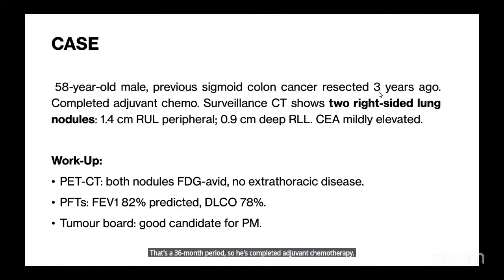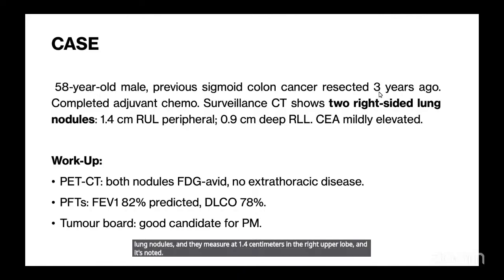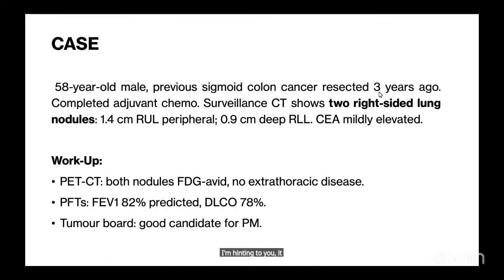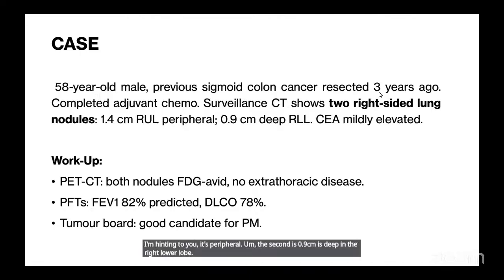He had a surveillance CT which shows two right-sided lung nodules. One measures 1.4 centimeters in the right upper lobe, and I've hinted to you it's peripheral. The second is 0.9 centimeters and deep in the right lower lobe, and the CEA is mildly elevated.